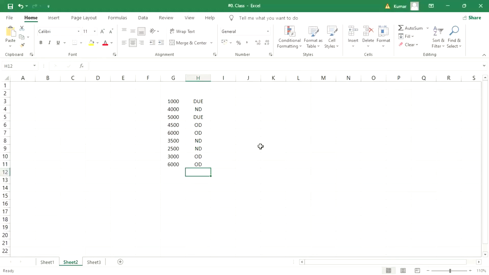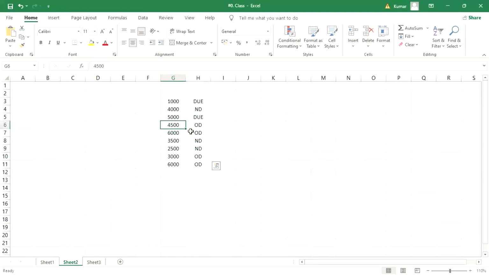So first of all, whatever overdue items are there, those line items only will be selected by the system. Let's suppose this is overdue, this is overdue.